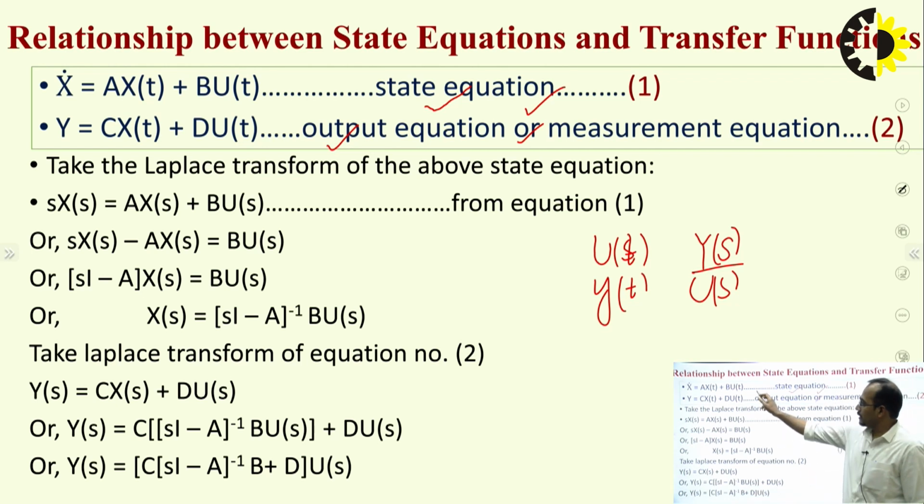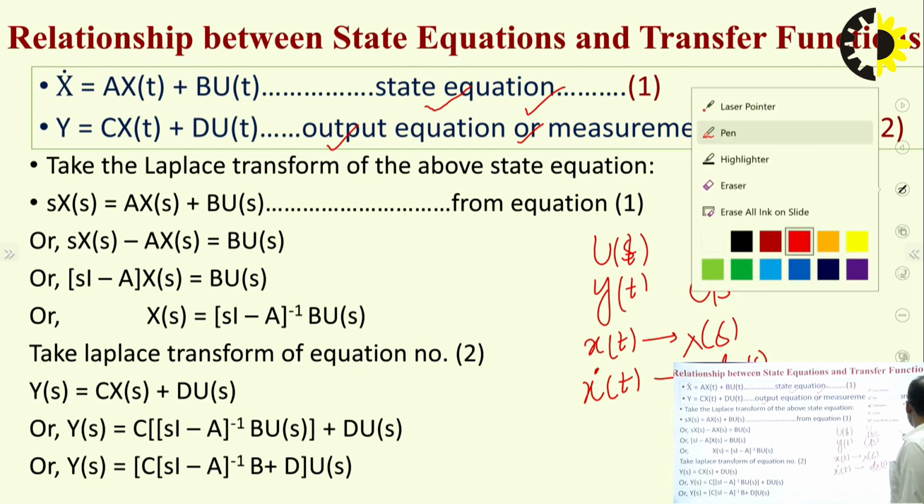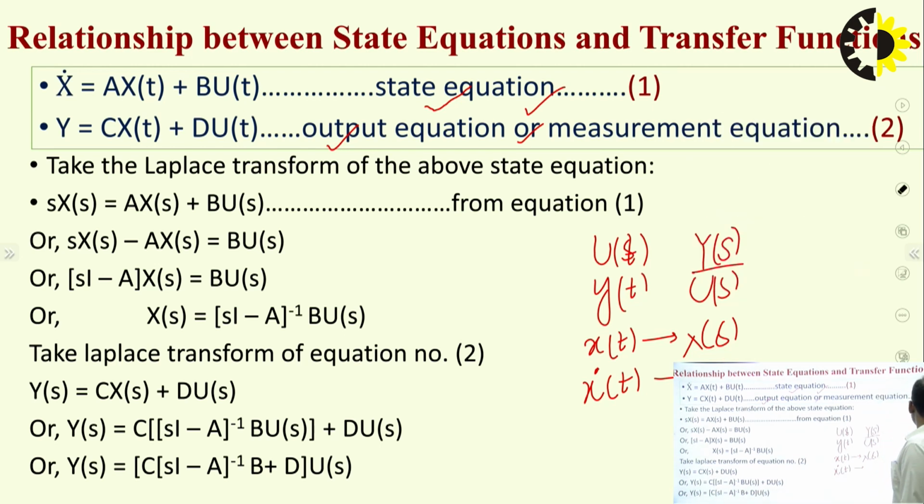If we take the Laplace transform of the derivative of a variable, as we know, if x(t) is a signal whose Laplace transform is X(s), then the Laplace transform of x dot t will be sX(s).